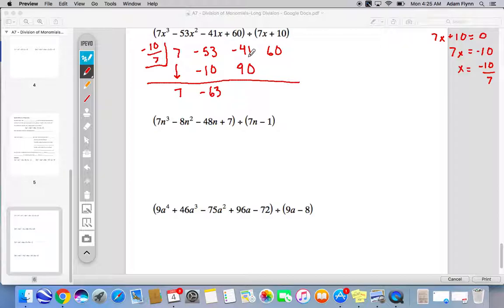Okay. Negative 41 plus 90 would be 49. 49 times negative 10 over 7 would be negative 70. And 60 minus 70 would be negative 10.